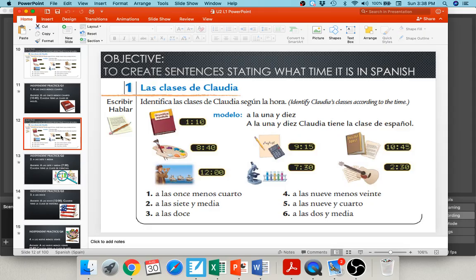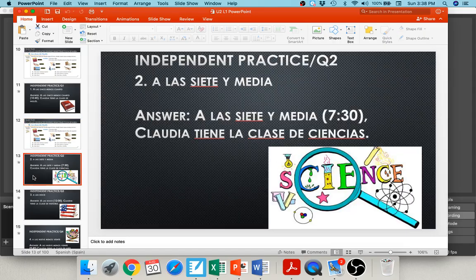So if we find the clock that says 7:30, we see some test tubes and it looks like a microscope there. So we want to say at 7:30, Claudia has science class. So a las 7:30, at 7:30, Claudia tiene la clase de ciencias, science class.